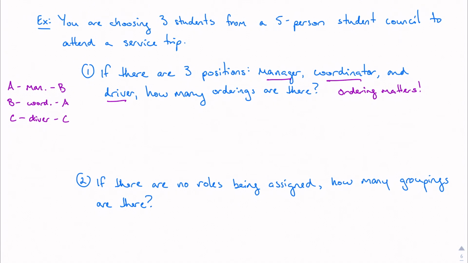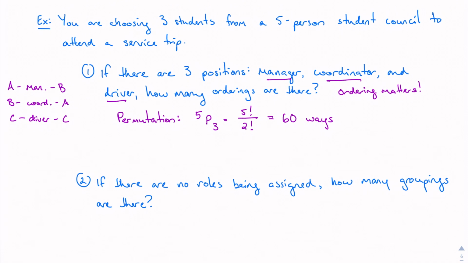It's a totally different group with A as the manager versus B as the manager. So this is a permutation. So I'm going to say from 5, I'm not choosing, I'm picking or placing 3. So I can use my formula, or I can just do it on my calculator, but either way I'm going to get 60 different ways that I can order my students.